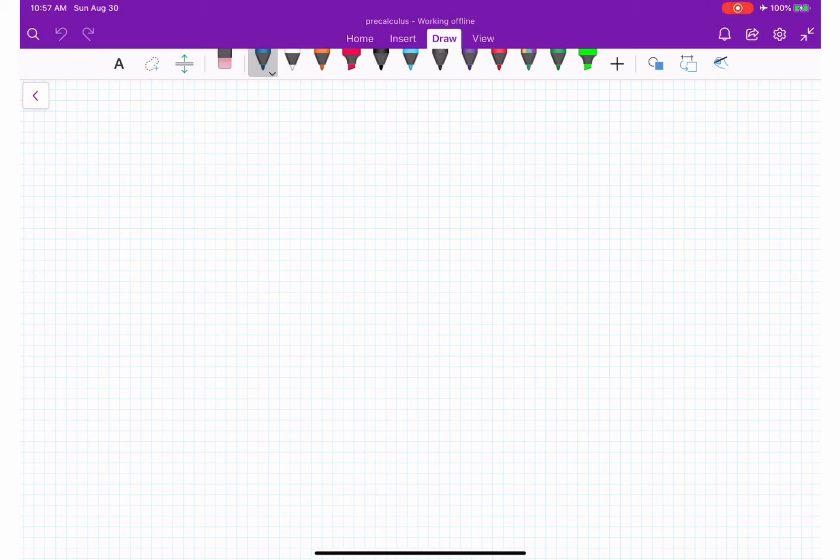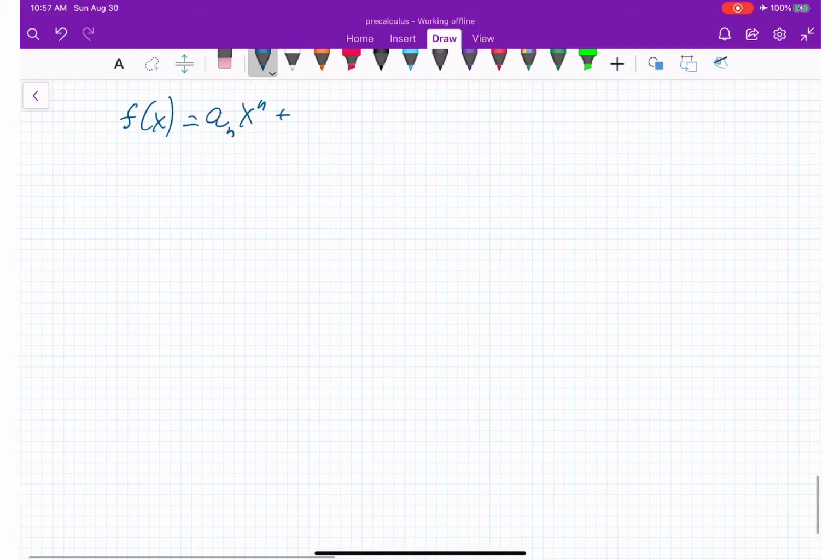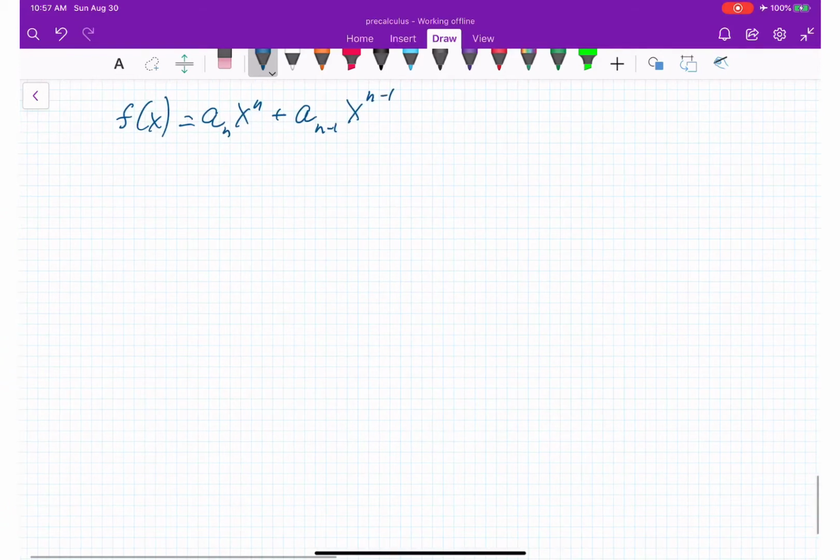So polynomial functions. A polynomial function is a function of the form a_n x^n plus a_(n-1) x^(n-1) plus, as you can see, the degree is decreasing, going down, n minus 1.